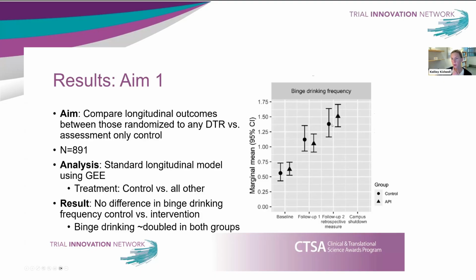At baseline, follow-up 1 and follow-up 2. And what you can see here is that unfortunately, there was no difference in binge drinking frequency between the control and the intervention. And more unfortunately, and maybe not surprisingly, from right before these individuals started college to when they started college, their binge drinking doubled.